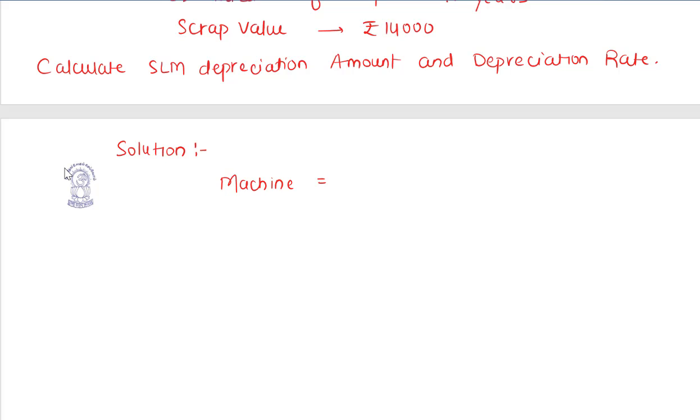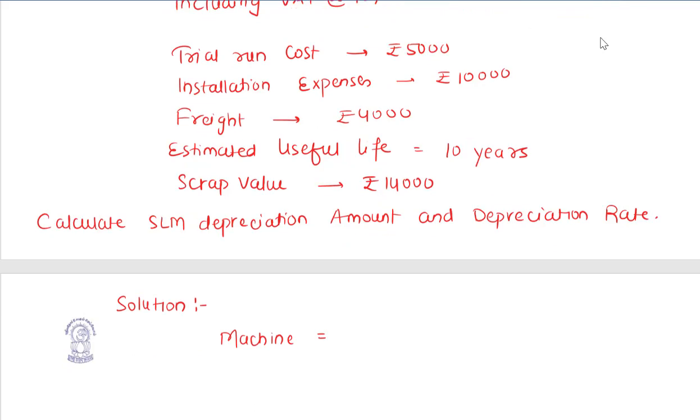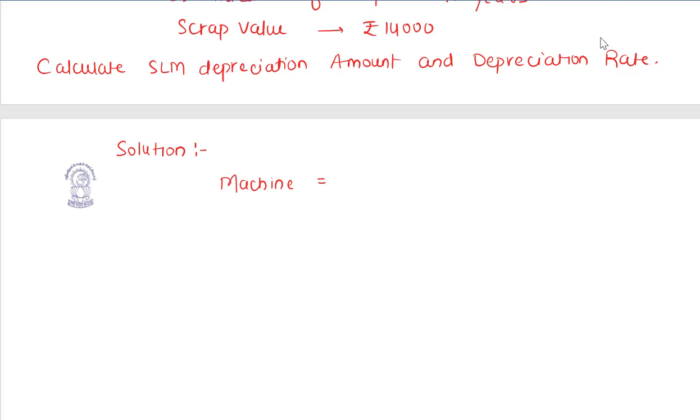Now, the value of machine given in the question is 1,10,000, but VAT is included at the rate 10%. That means this is 110. So 1,10,000 is basically 110 including VAT.